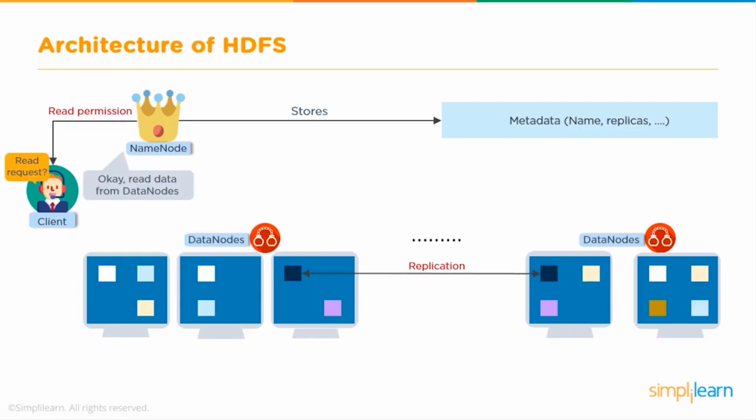So if a client has a read request, it will always first contact the name node, checking that it is interested in reading a particular file and where it can find this file. Now name node basically checks the metadata in RAM because it initially has information of your data nodes which are available, but not only that, if there was data written earlier, the data nodes would also be sending the block report to the name node every 10 seconds.